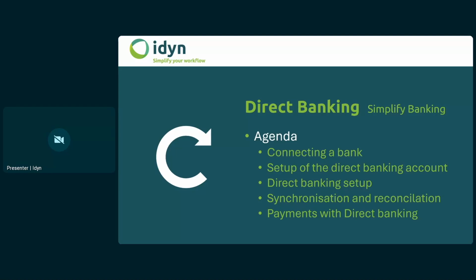Just a short introduction on the direct banking setup, what you can do with the setup itself, synchronization and reconciliation. That's one of the points I want to consider today. And the basics of how to set up payments which you can perform directly from Business Center into the Ponto portal.